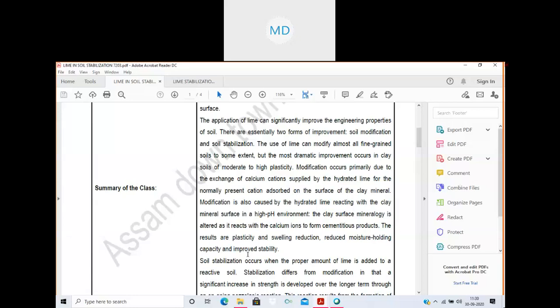Generally this application of lime for soil stabilization is done for clay soil. In clay soil the result obtained is very good. So when we need to stabilize or modify the clay soil, we can use lime.